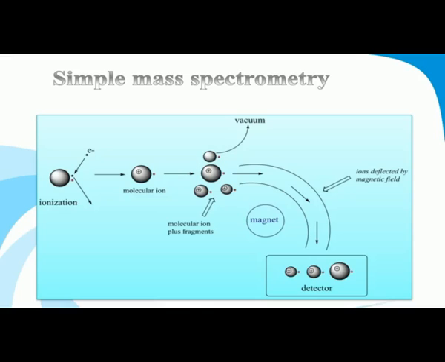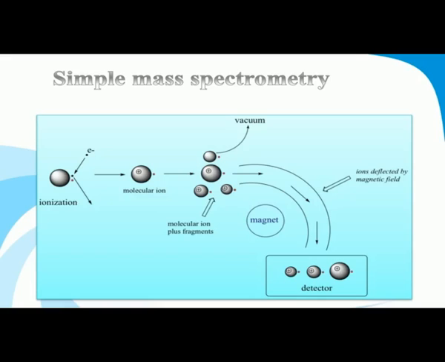We have to vaporize it. So if the sample is solid, we have to melt it. If it is liquid, we have to evaporate it, because only vaporized forms of ions are used in mass spectrometry. So ionization is a very important step of mass spectrometry.